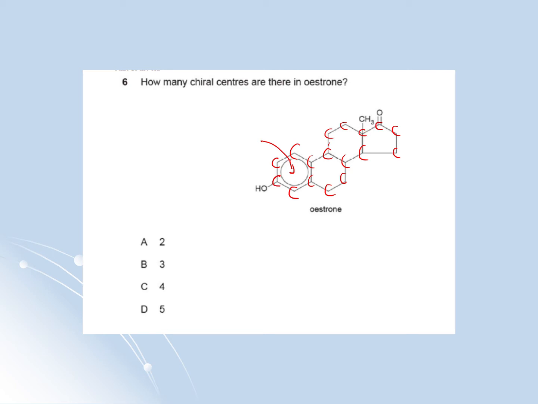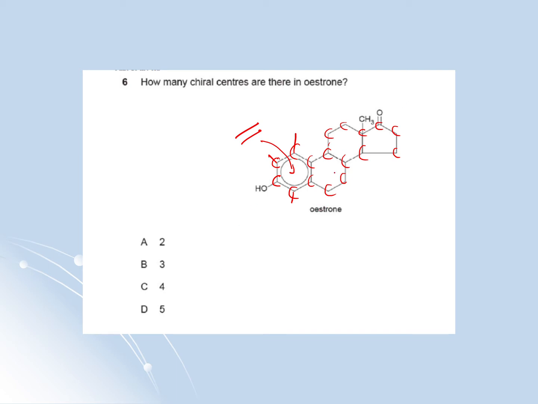In this line diagram, a line means a bond, and the circle means that all of these carbons have another bond. So every single carbon in this hexagon has got 2 bonds from the lines, and then a hydrogen is all they can have left on them. So all of these carbons cannot be chiral.